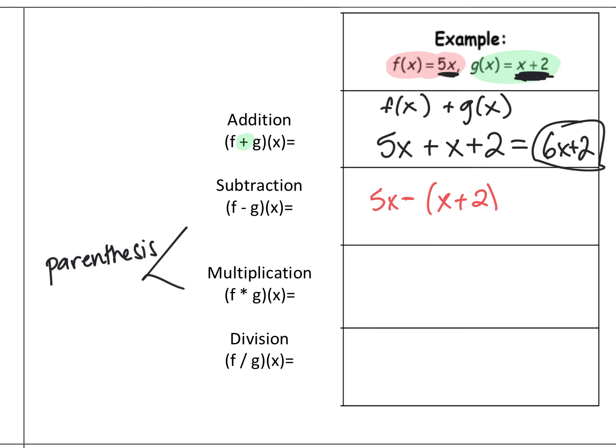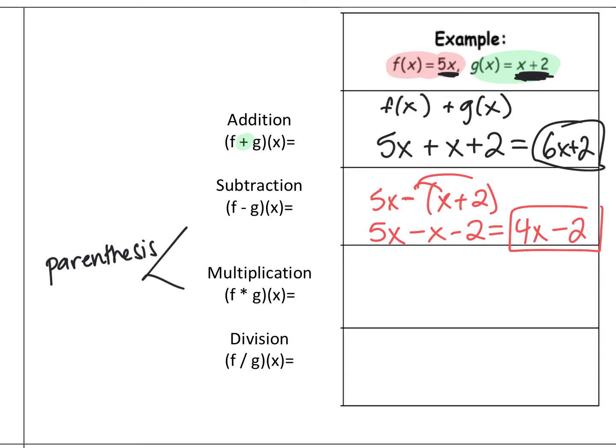And we have to subtract that whole thing, so that negative sign has to be distributed out. So when we do that, we just distribute it to everything inside the parentheses. We end up with 5x, then what? Minus x, minus 2. Okay, now we're subtracting the whole thing. And what's that going to give me? 4x minus 2. Cool.